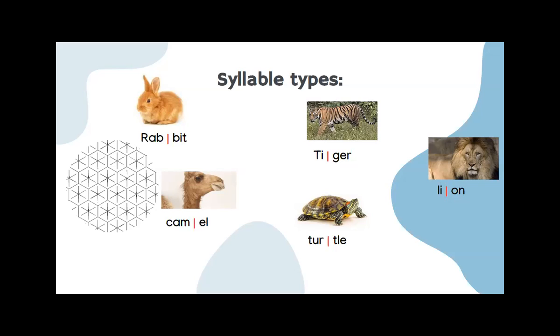We then have two very similar syllable types, tiger and camel. If you notice, they have the same vowel, consonant, vowel pattern in the middle of the word. But if you think about, well, who would win in a fight between a tiger and a camel? 75% of the time, it's going to be the tiger. So we have students sort of test this one out and think about, well, have you ever heard of a camel?